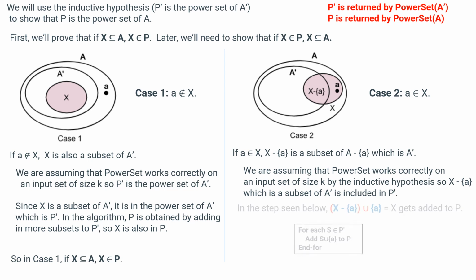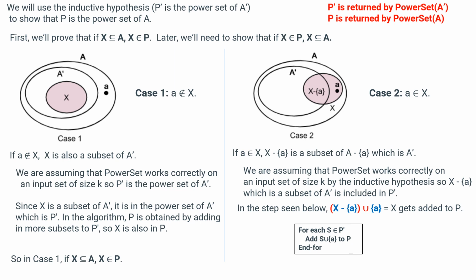Well, if x minus a shows up in P prime, then when we add that one little element that got taken out to begin with back into x minus a, we're going to have what's in blue and red. X minus a is what we got when a was taken out, then we add a back in.